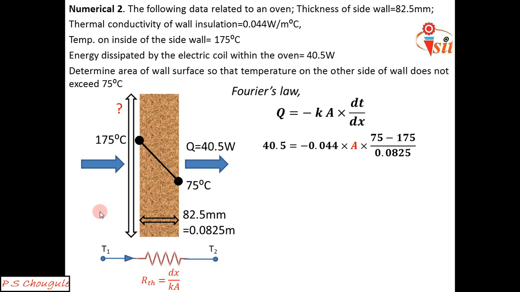While taking the temperature, take the final temperature minus the initial temperature, thickness should be in meter, and the unit of thermal conductivity should be in watt per meter degree Celsius. If it is in watt per meter Kelvin, then also it's okay. So if I rearrange the terms, I will get the value of A, which is 0.759 meter square.